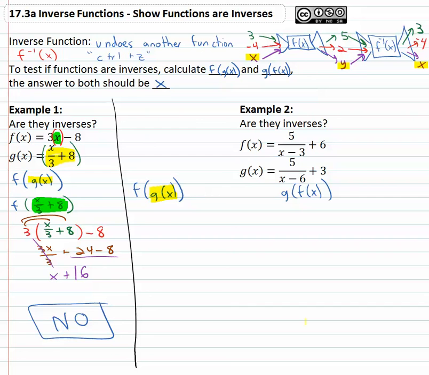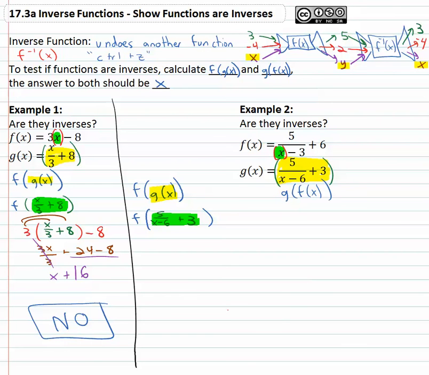Inside we've got g of x, and we know g of x is equal to this big thing. So inside of f is g, which is 5 over x minus 6 plus 3. And that 5 over x minus 6 plus 3 then is being plugged into f for the variable.